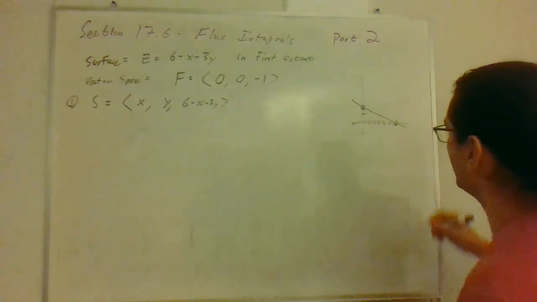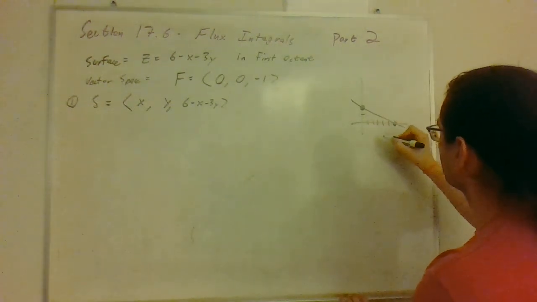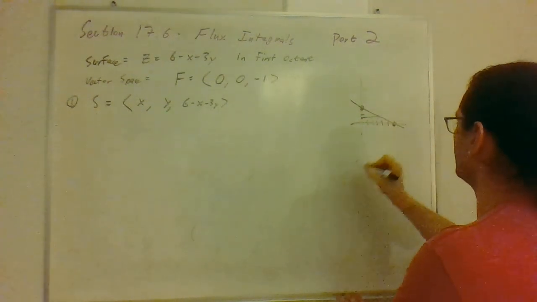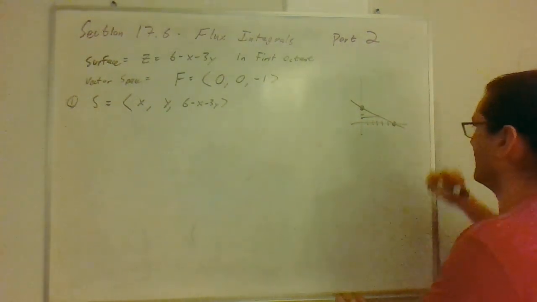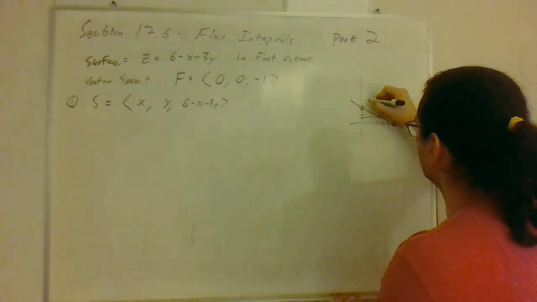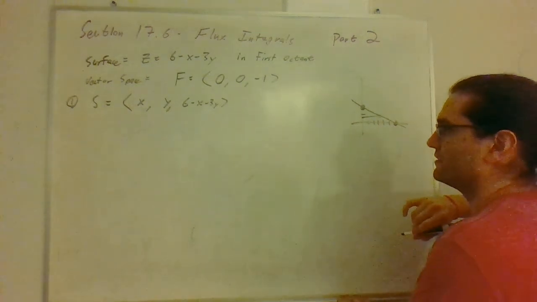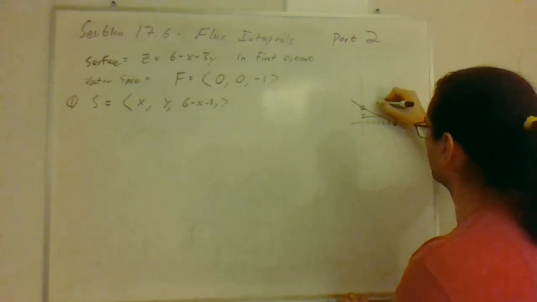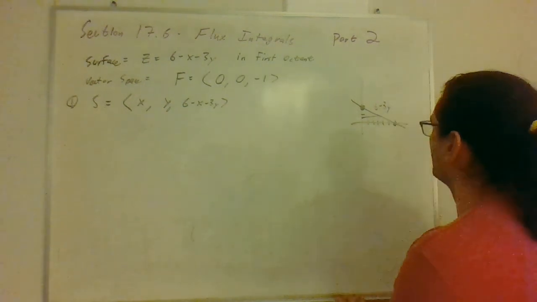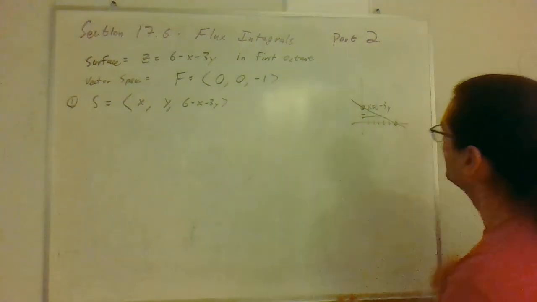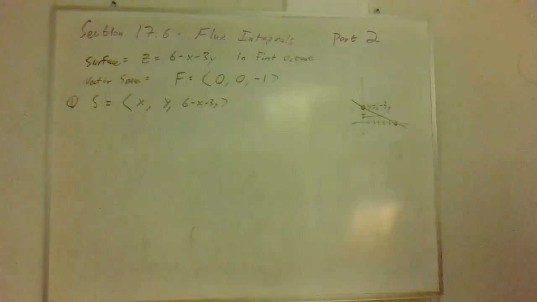So if we're going to integrate on x first, x goes from 0 to this line, and this line is, do I want to integrate on x first? Yeah. 6 minus 3y. That's what x equals. X is 6 minus 3y.